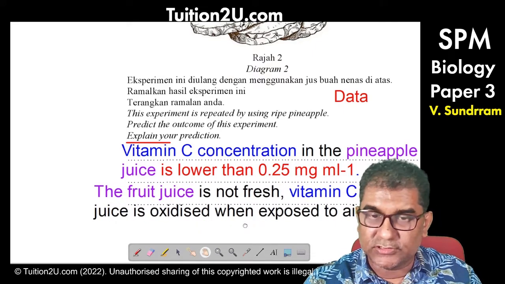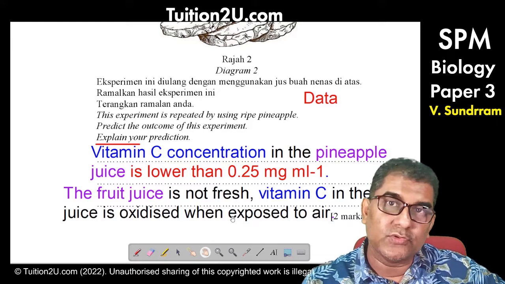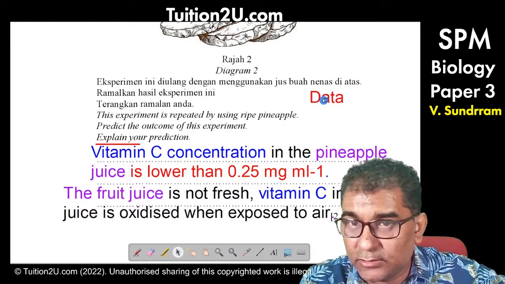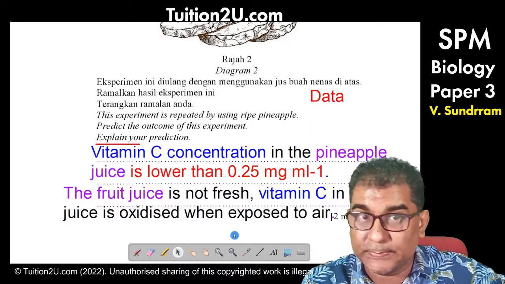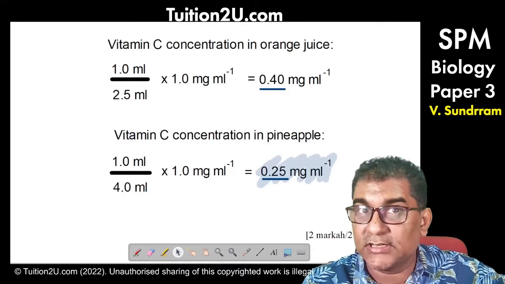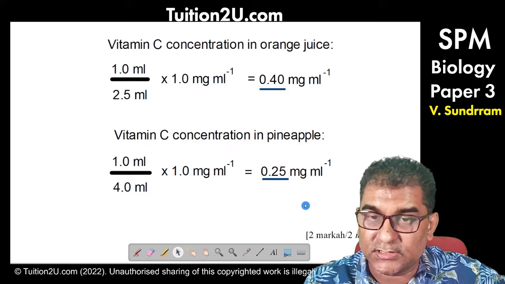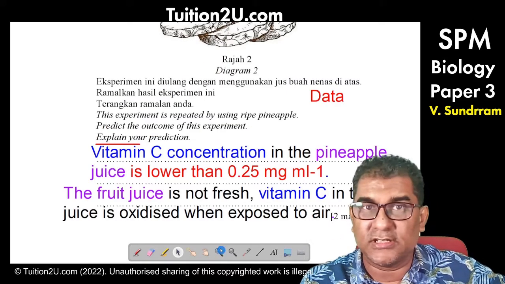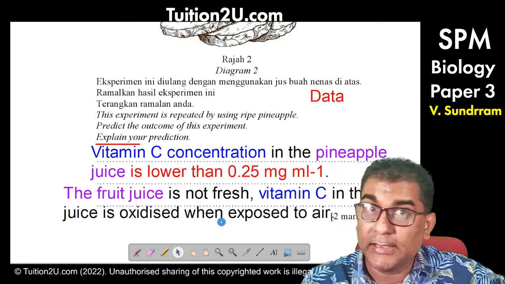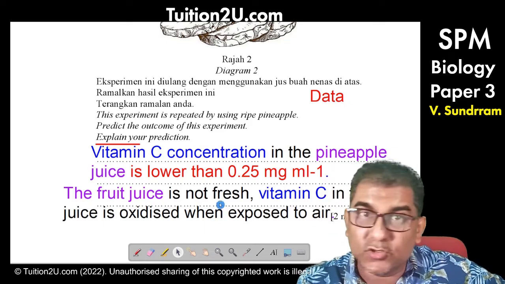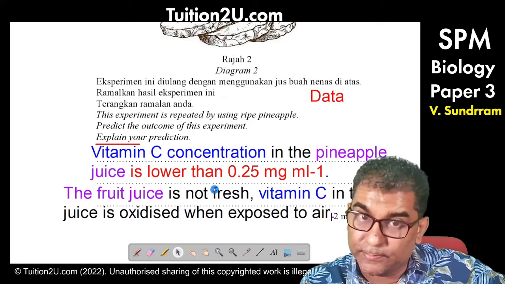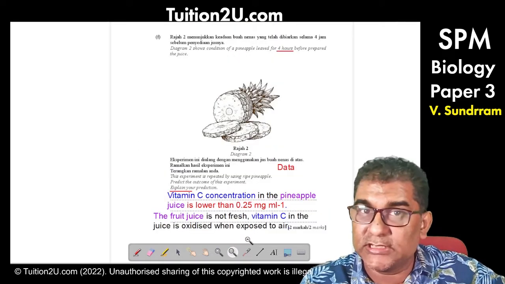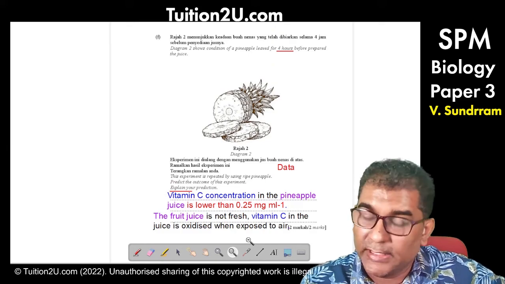Vitamin C in the fruit juice is oxidized when exposed to air. For the prediction, try to use the data from the experiment. You already did the calculation earlier, use it to support your answer. A student who tells you the concentration of vitamin C is lower than 0.25 will get a more precise answer. So that's basically it. That is how you answer a paper 3 question.